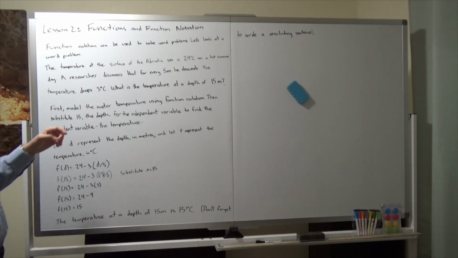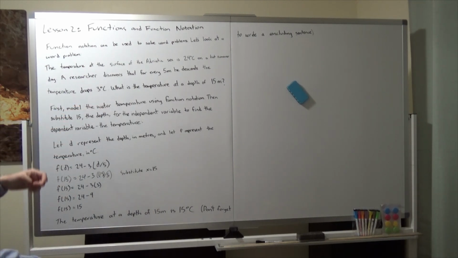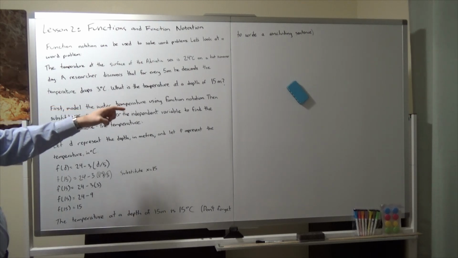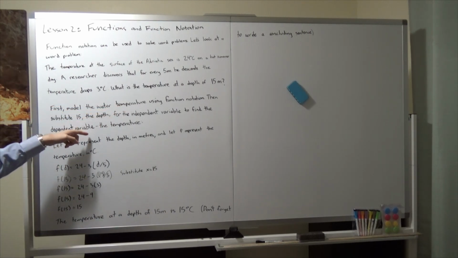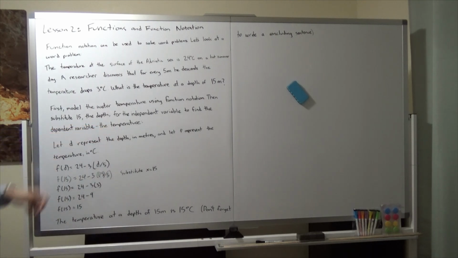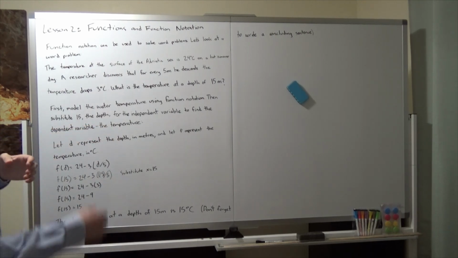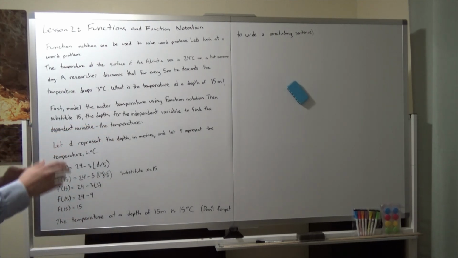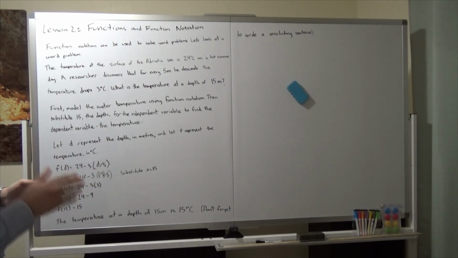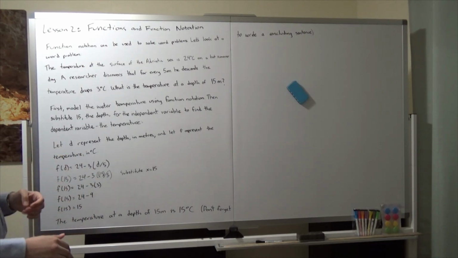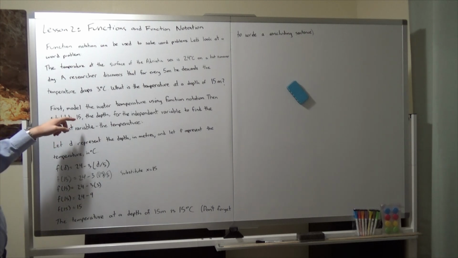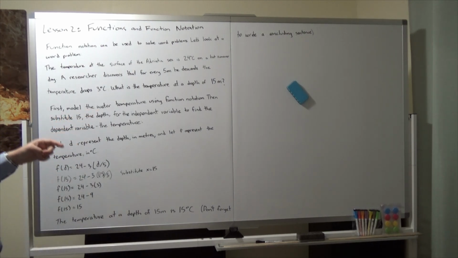First, model the water temperature using function notation. Then substitute 15, the depth, for the independent variable to find the dependent variable, the temperature.